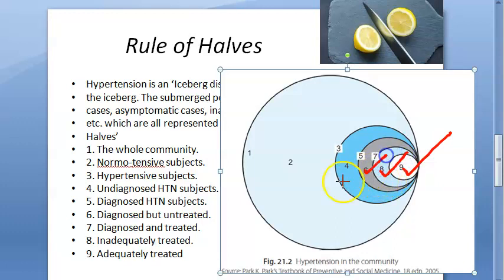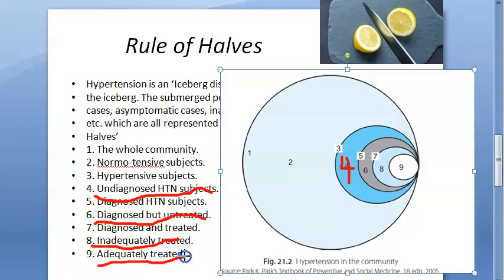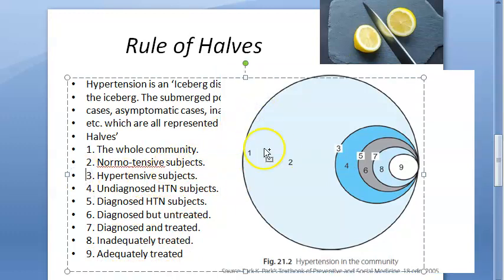And this one will tell you diagnosed. And what is 4? 4 tells you people who have hypertension but are not diagnosed also. See here, 4 is undiagnosed hypertensive subjects. 6 is diagnosed but untreated. 8 is inadequately treated. 9 is adequately treated. Just pay attention here, you will be able to understand.